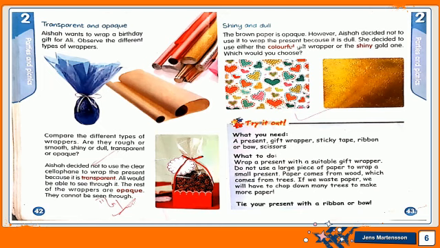The rest of the wrappers are opaque. They cannot be seen through. So the gift wrappers in which we can see through them are called transparent, and the gift wrappers in which we cannot see through are called opaque.